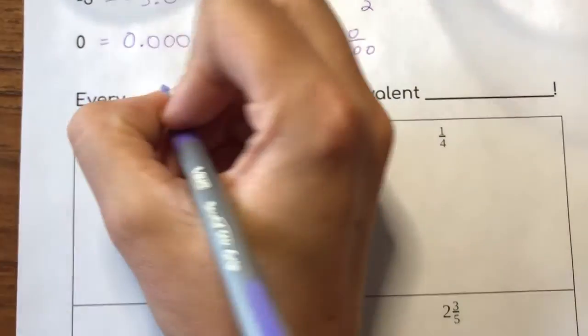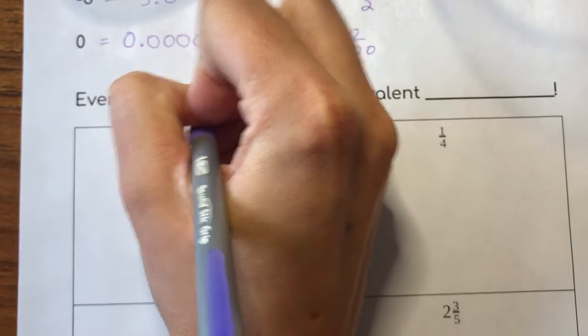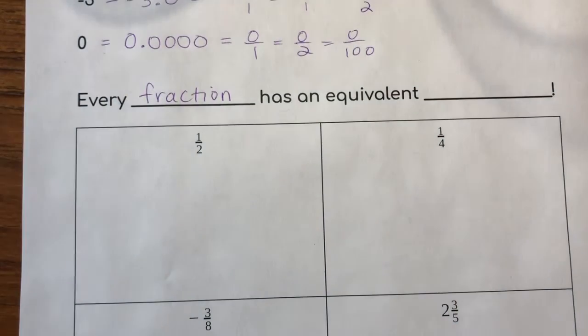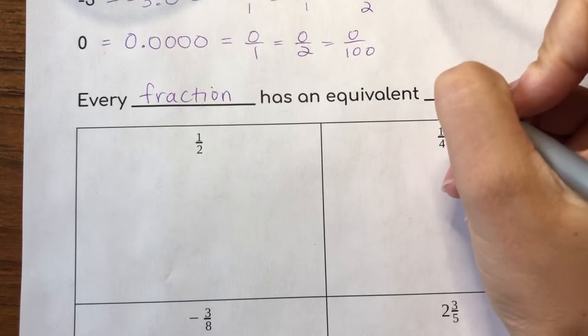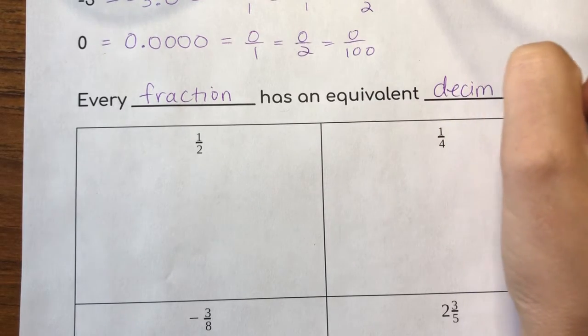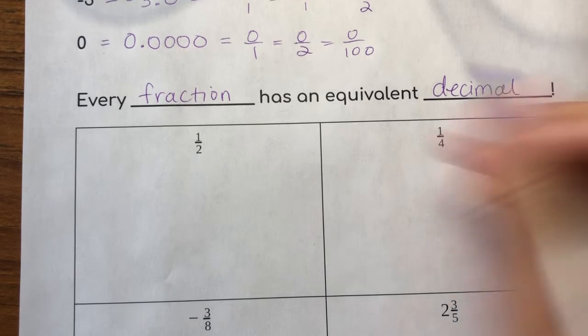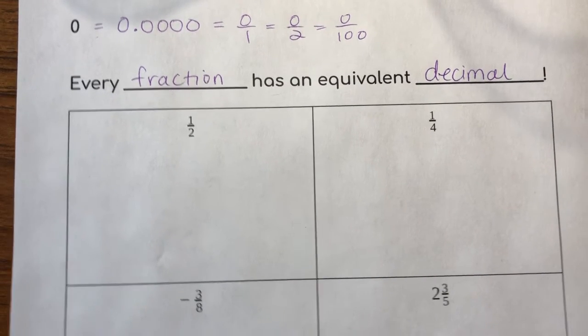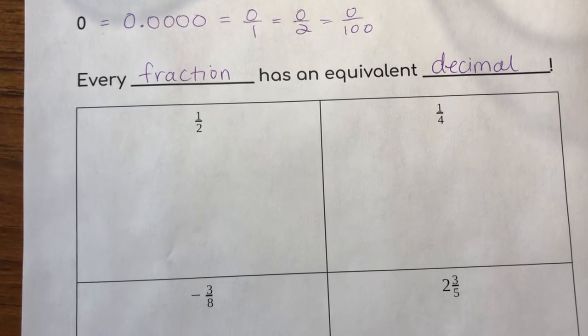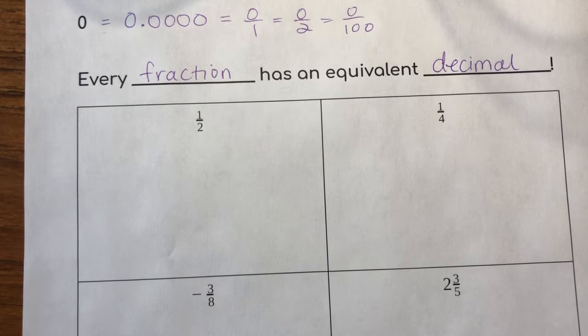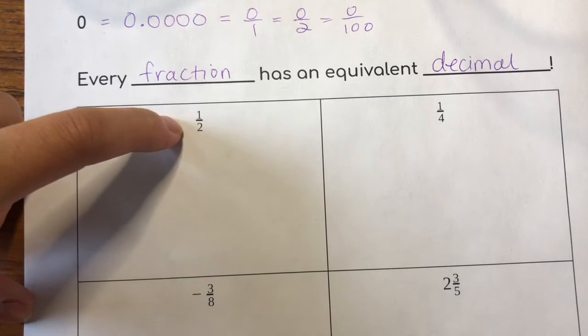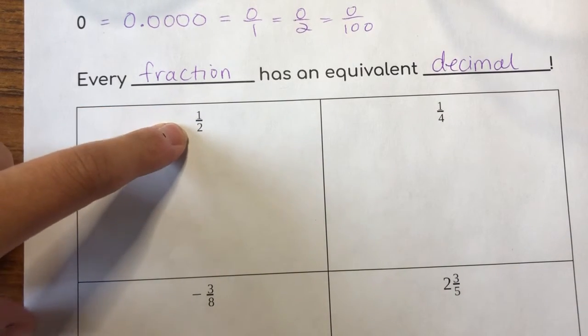So every single fraction has an equivalent decimal form. And there's a decimal that is worth exactly the same value and sign as every single fraction out there. So today we're going to work on how we figure out what decimal goes with this fraction. What decimal has the same value as this fraction?